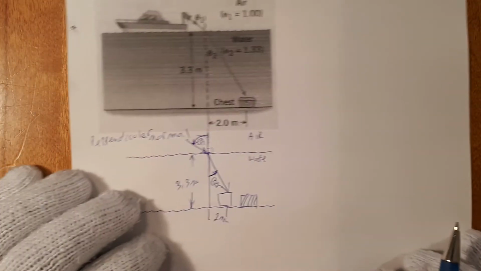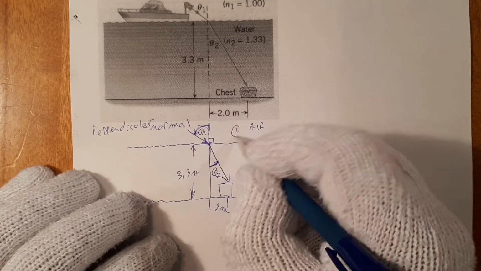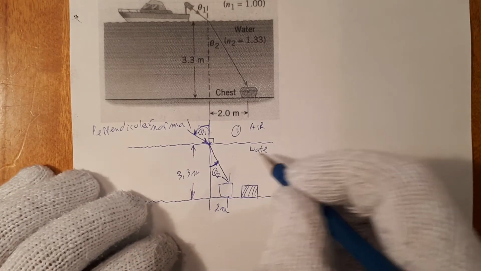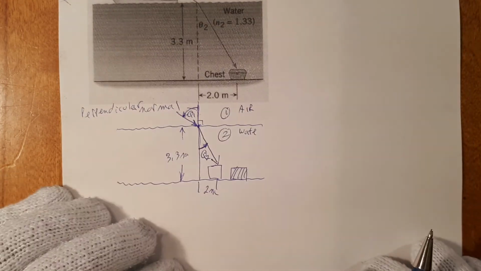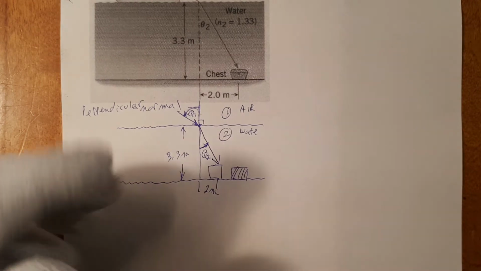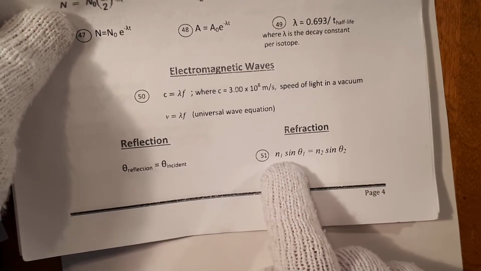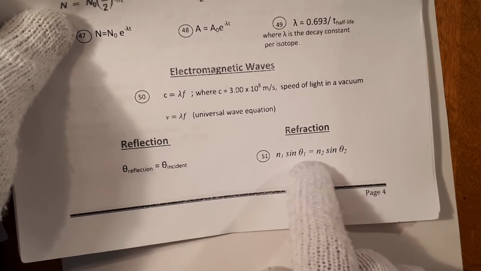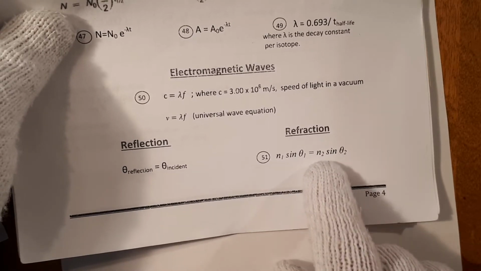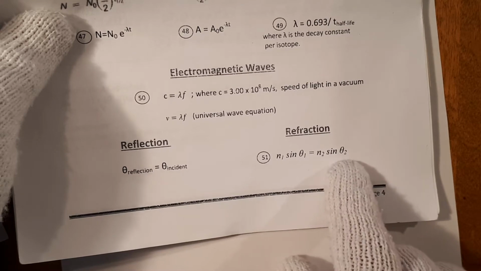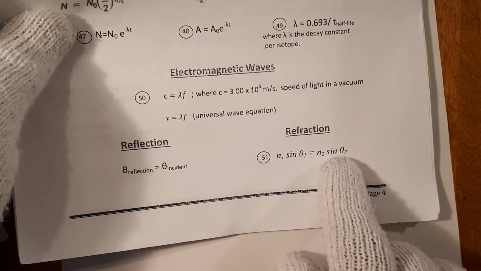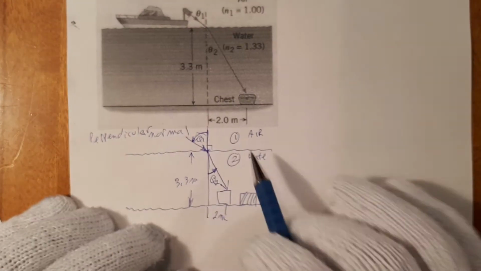And the 1s and the 2s, they are arbitrarily given. So we'll call air fluid 1 and water fluid 2. That way, the index of refraction of air times the sine of the angle in air is equal to the index of refraction of the water times the sine of the angle in water. Call that 1 and 2.